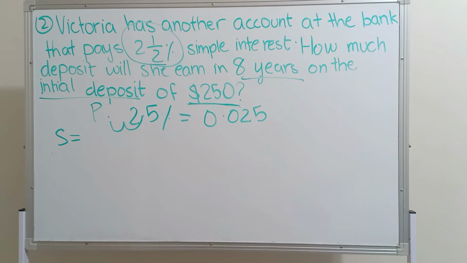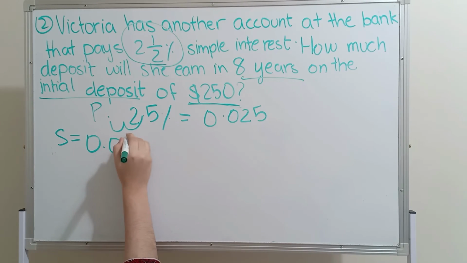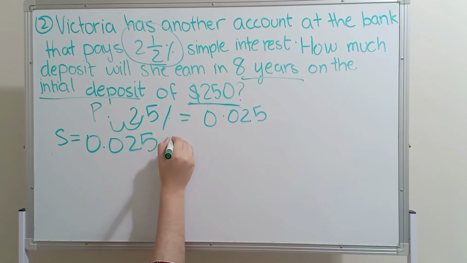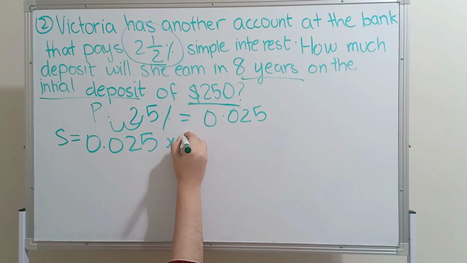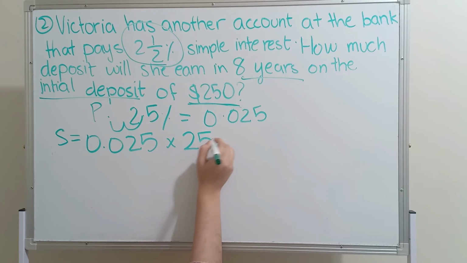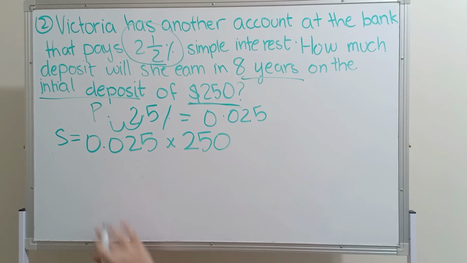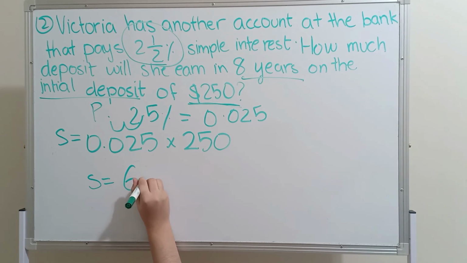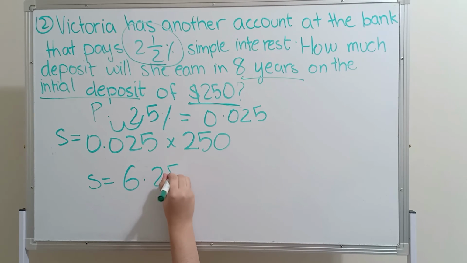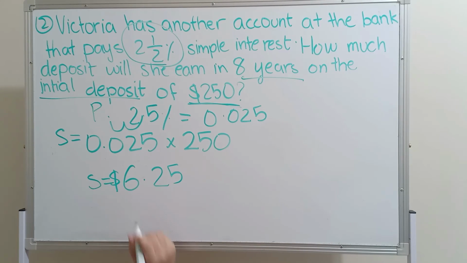So now what we are going to do is S equals the interest rate, which we just turned into a decimal, 0.025, multiplied by the principal, which we are given as $250. If we multiply both of them, we will get S as 6.25.